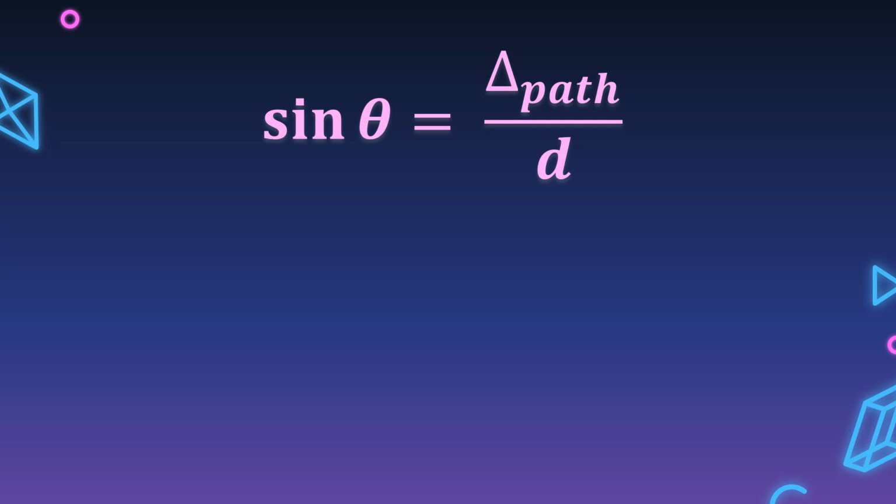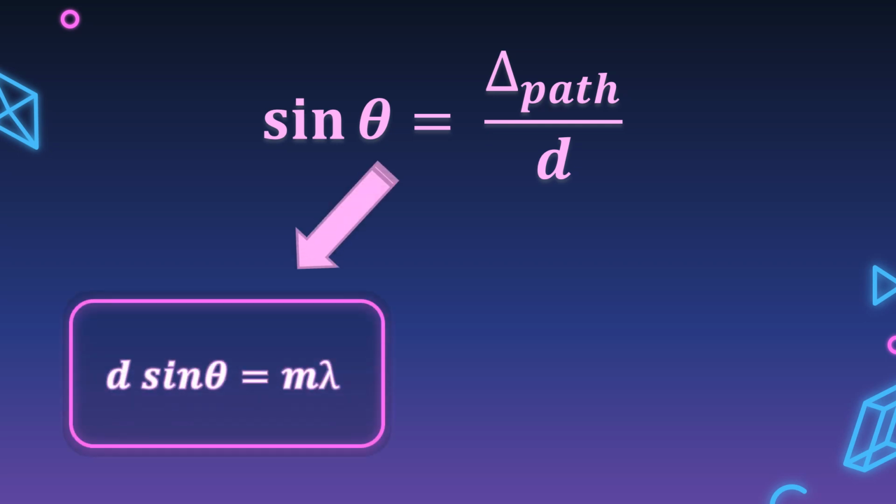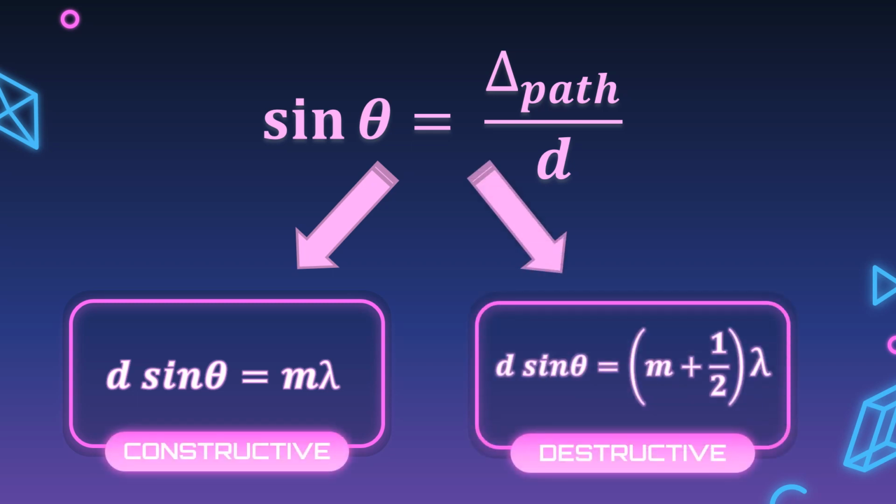For constructive interference, d multiplied by sine theta is equal to m multiplied by the wavelength, lambda. For destructive interference, d multiplied by sine theta is equal to m plus 1/2 multiplied by the wavelength.